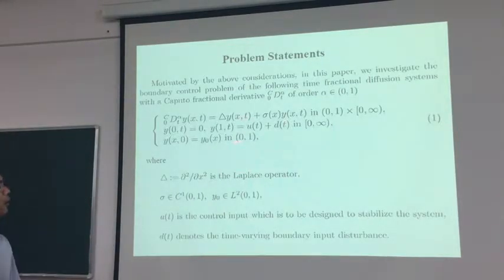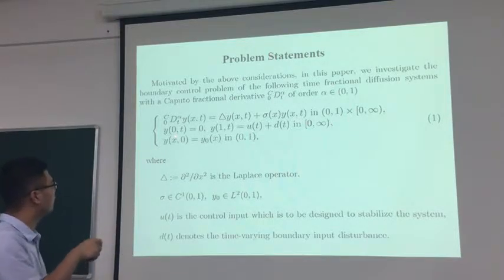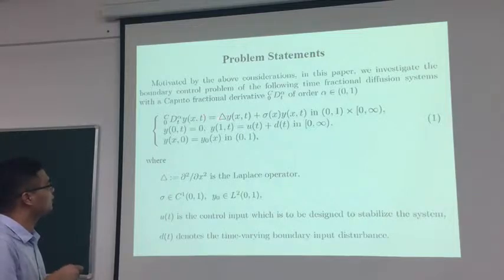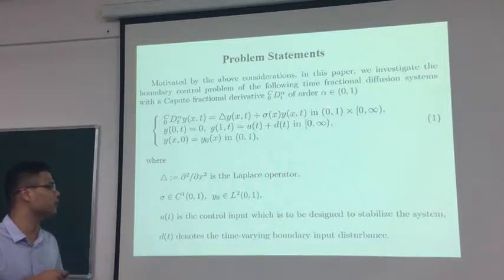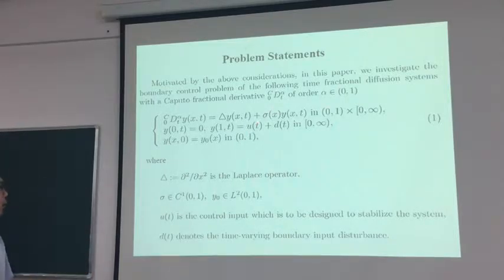Okay, in this paper, we will study this system, where the first part is called the Caputo fractional derivative, and this is the Laplace operator, and the sigma here is a continuously differentiable function, which is of class C1, and this part is the boundary condition of the system.